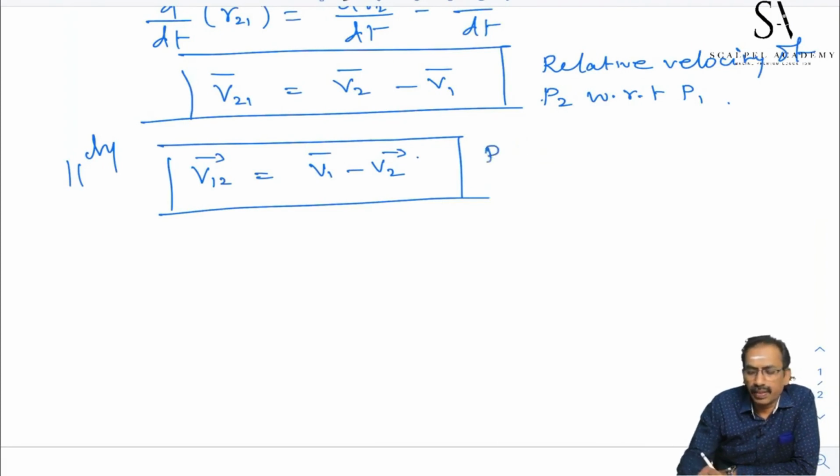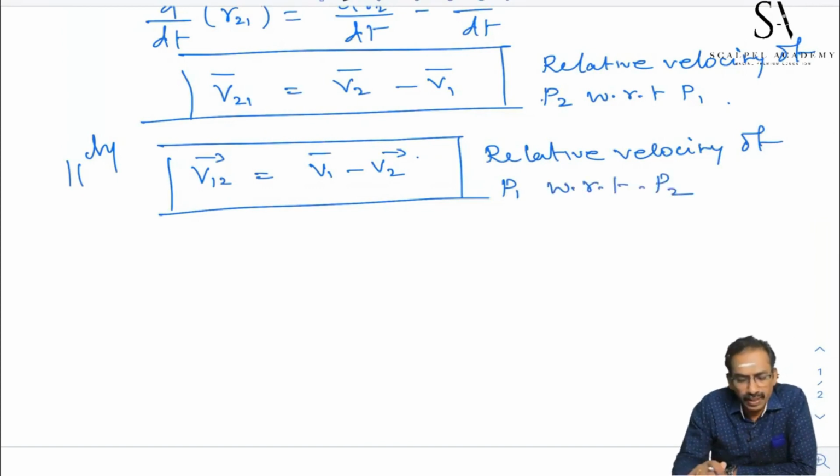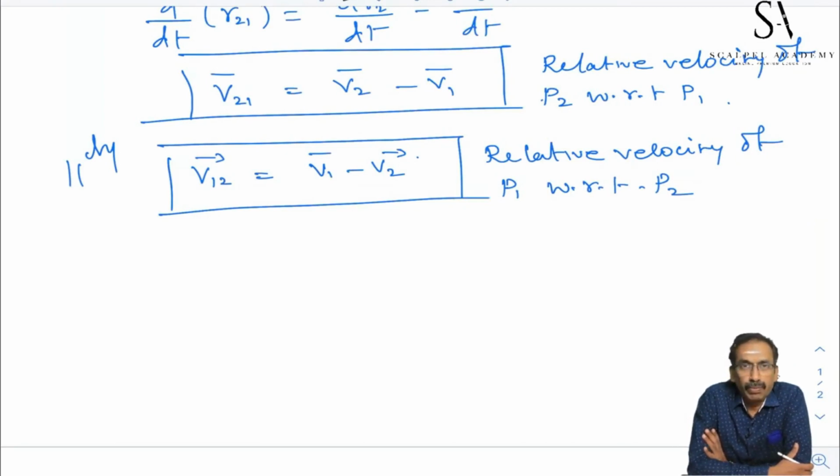This is the relative velocity of P1 with respect to P2. Student, I hope that you understood well about relative position and relative velocity. Shall we learn a problem based upon this concept?